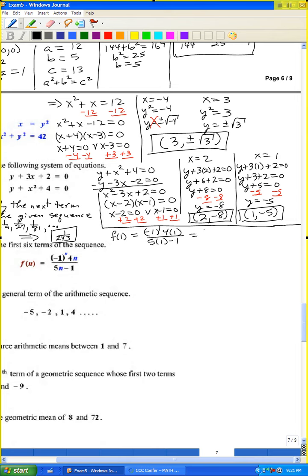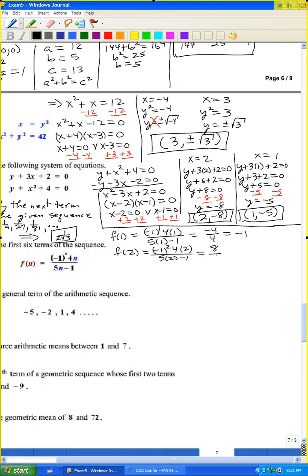So that's going to be -4 over 4 is -1. f of 2, -1 squared, 4 times 2 over 5 times 2 minus 1.